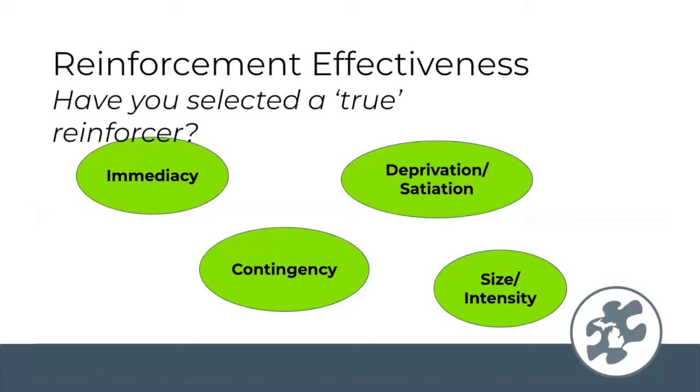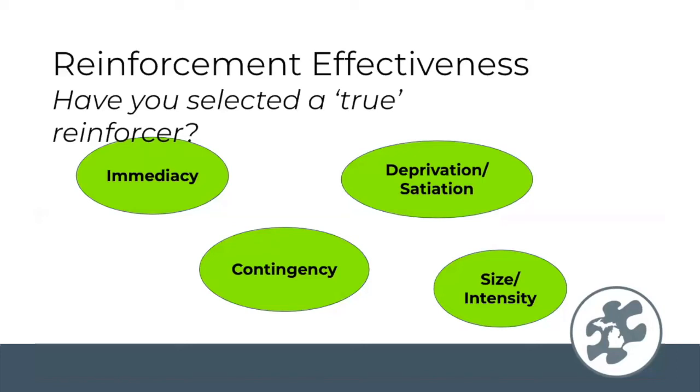So, for example, if you chose M&Ms or a piece of gum or Skittles or a cup of coffee or a can of Sprite, you want to make sure that they don't have free access to it. They only are able to access those items once they earn it by engaging in the target behavior that you're choosing to replace the inappropriate target behavior with.